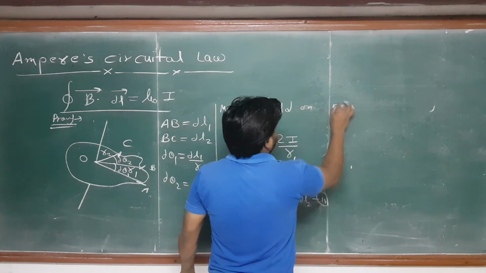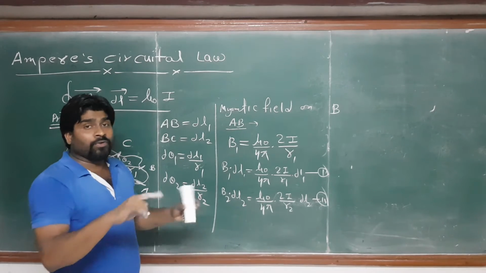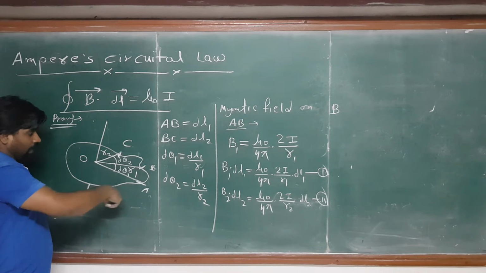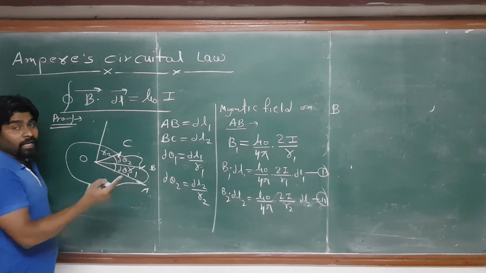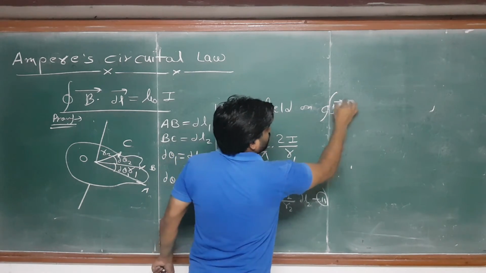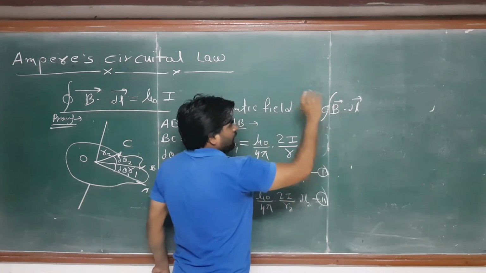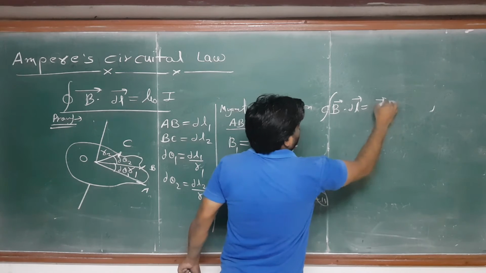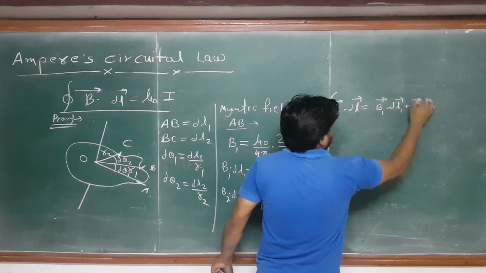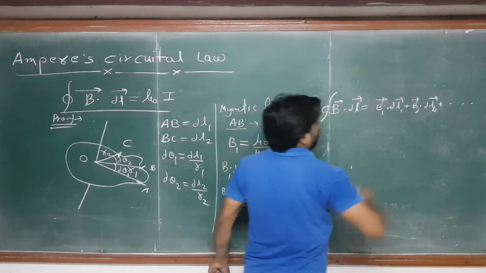To find the resultant magnetic field, I have to take the entire length of this loop. It is not possible to calculate by applying the formula directly, so I'll take the line integration of vector B dot vector dl, which equals the sum of B1 dot dl1 plus B2 dot dl2 and so on.